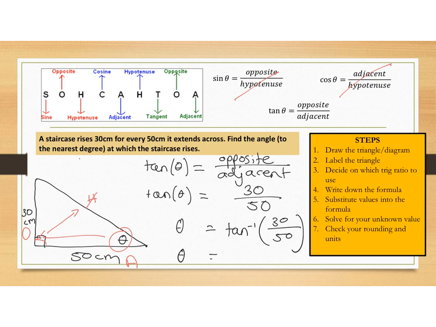And we want the nearest degree. So on my calculator, I've got 30.9637. So to the nearest degree, that's going to be 31 degrees that the staircase rises at 31 degrees.